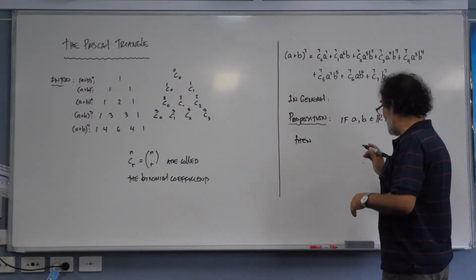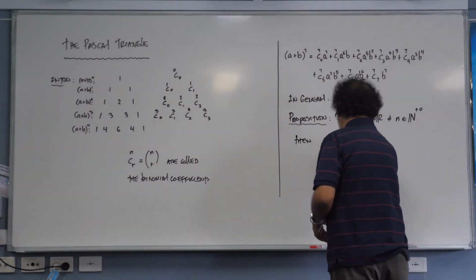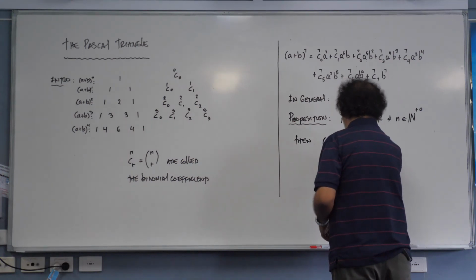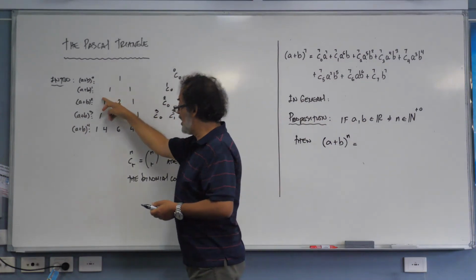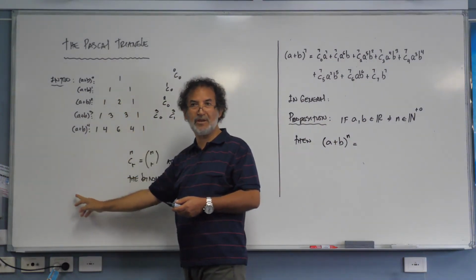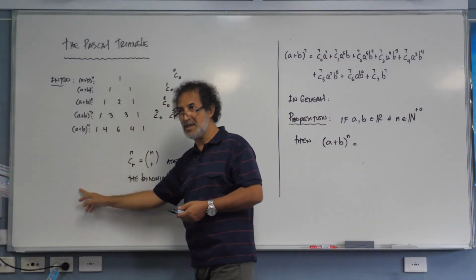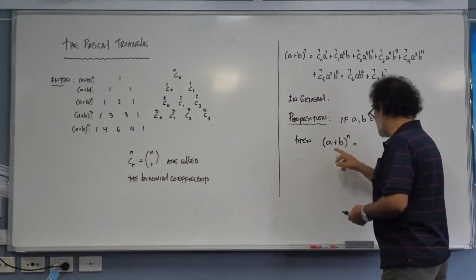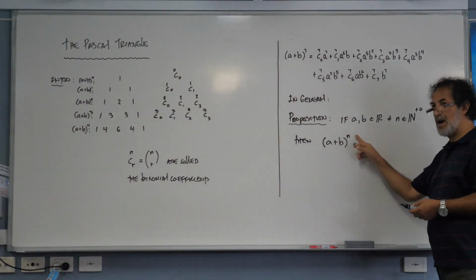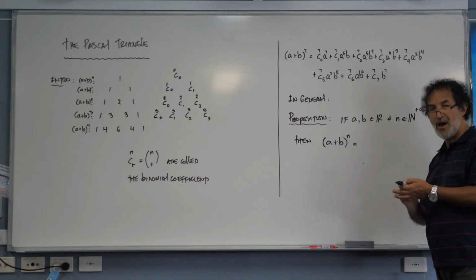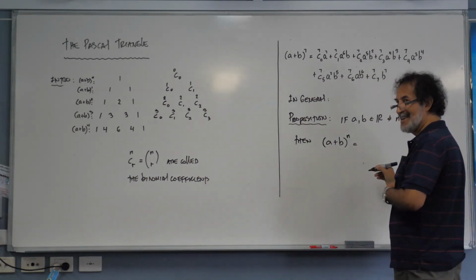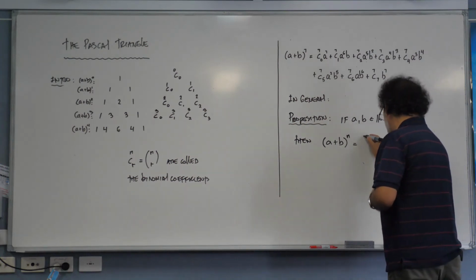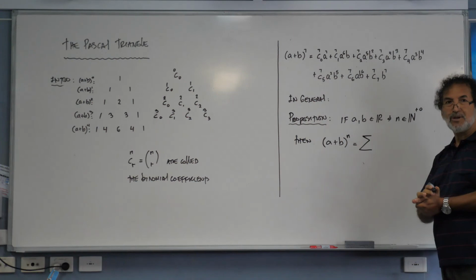Here we go. Then a plus b to the power of n. In here we have done 0, 1, 2, 3, up to 7. That is the largest that we have done. But here they say that a plus b to the power of n is going to be equal to this. Now, be ready. It's going to be equal to the sum.